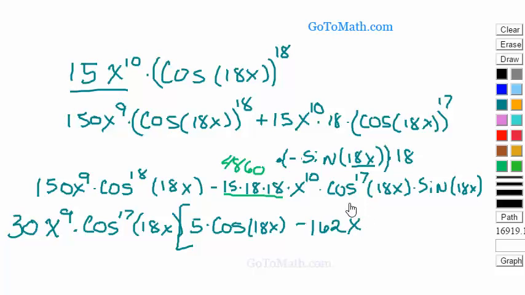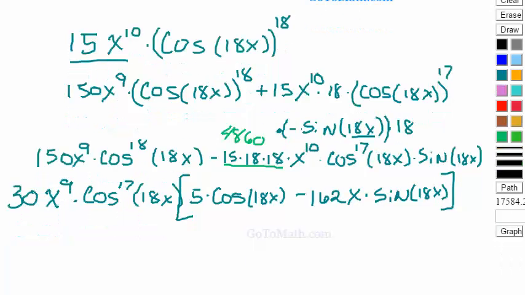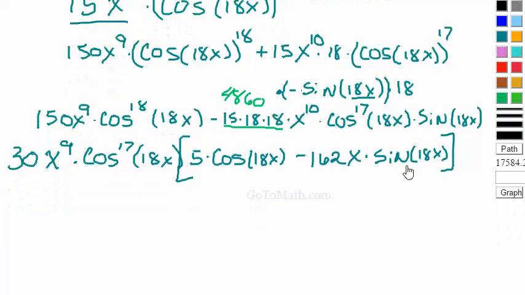We pulled all 17 of those cosines out, and we got a sine left here, sine of 18x. Boy, I sure hope this is all right. That's what happens when you do this stuff on the fly. I don't have this stuff worked out, just to let you know. Okay, so there you go.